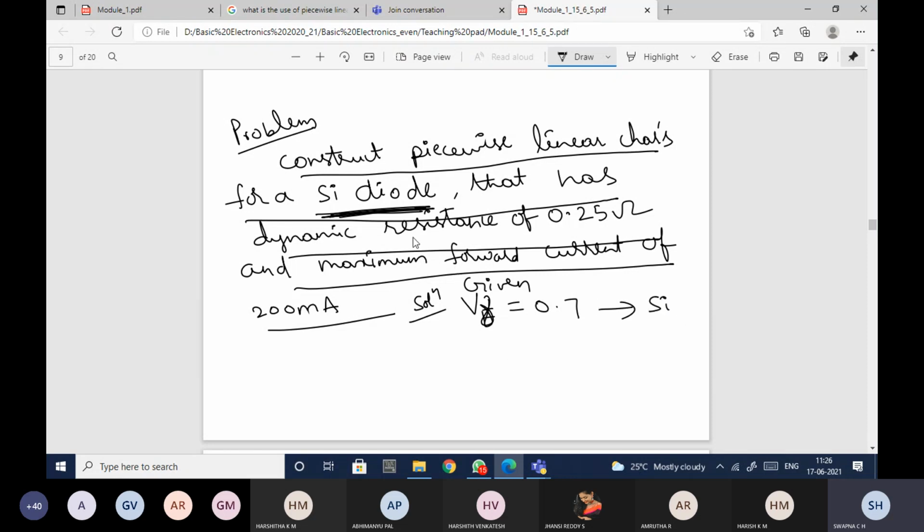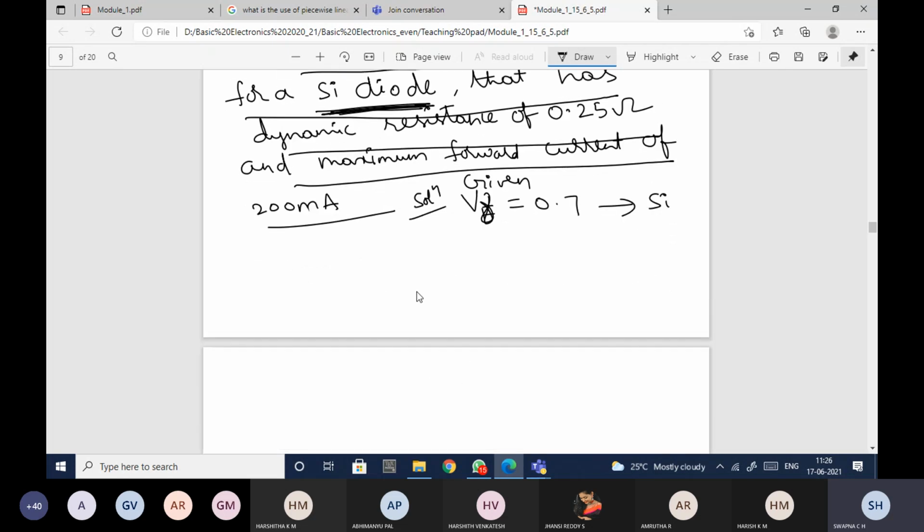Okay, and then that has dynamic resistance of. Can anybody tell me what is your dynamic resistance? That he has given. But what is the dynamic resistance?